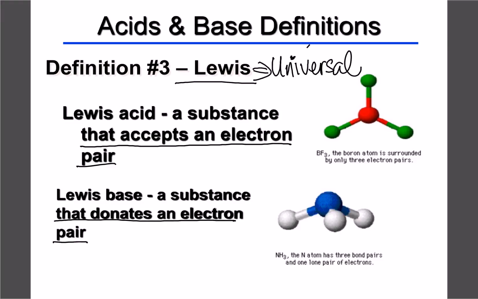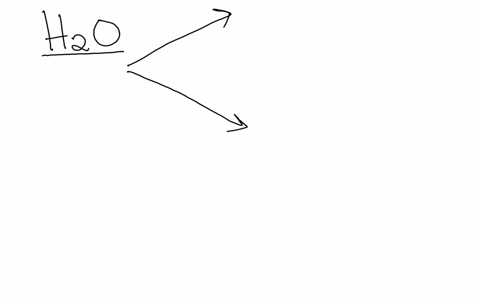Now I want to ask a question. If we have H2O, I hope you realize our next topic is going to be H2O. H2O can act as an acid or as a base. So if it acts as an acid and if it acts as a base, what will we end up with? As an acid, an acid is a proton donor.